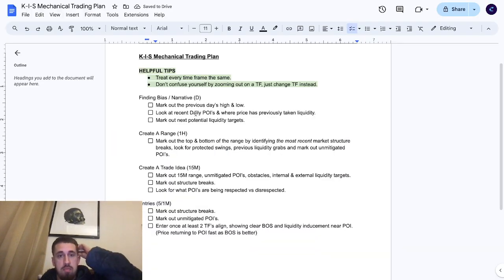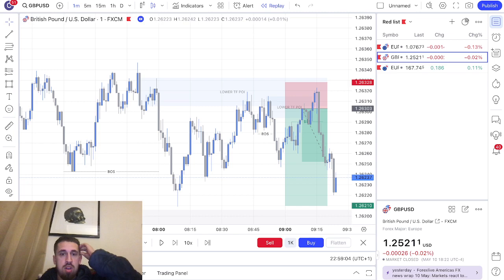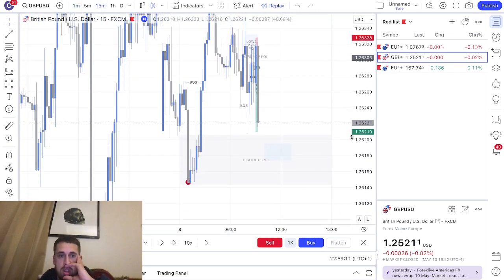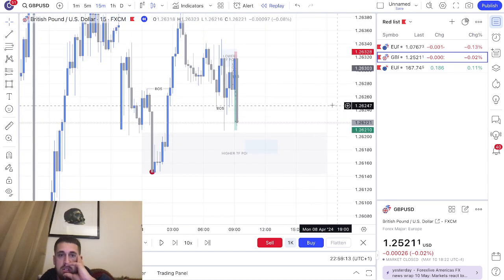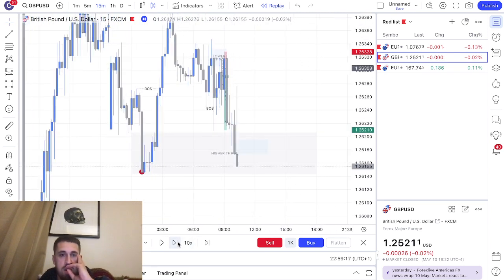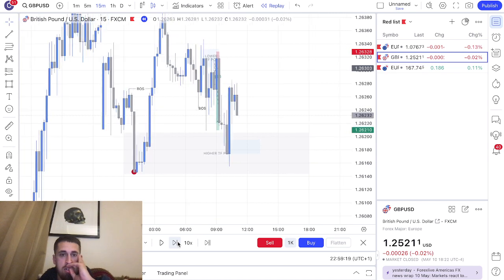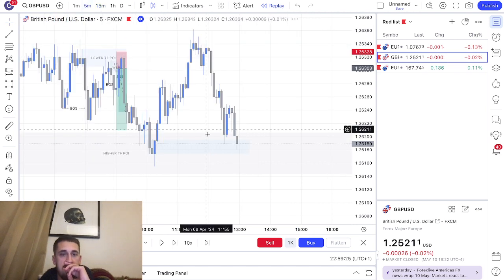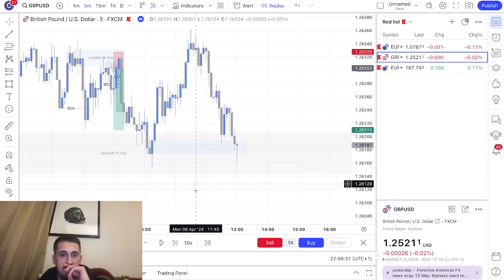Oh yeah, this liquidity point. To be honest, it doesn't really count for this one because it swept it weakly. No, it kind of does count for that actually. Though that could have been seen as it.